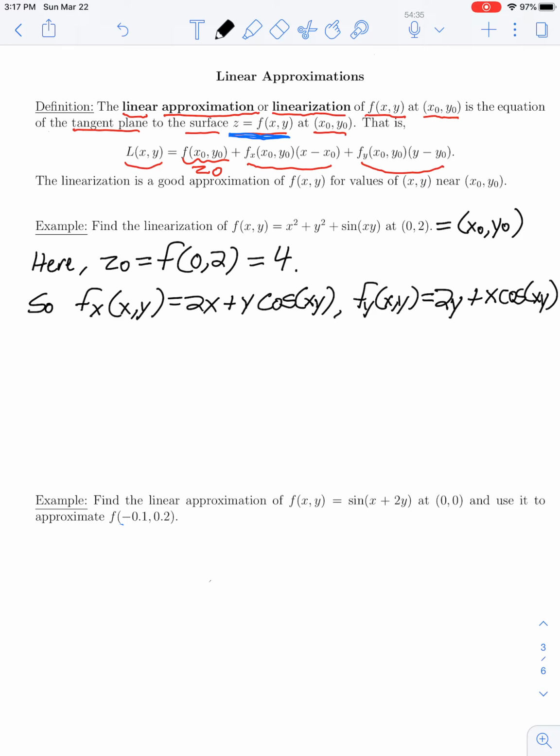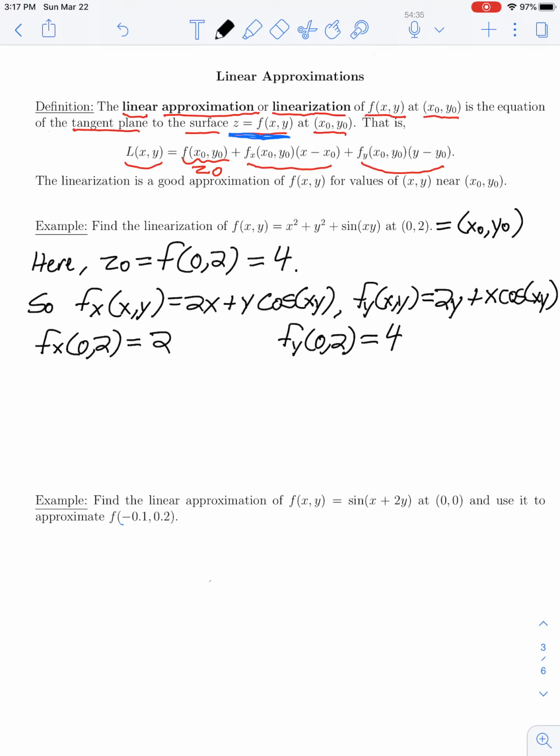So now evaluating these partial derivatives at our point x naught, y naught, in this case 0, 2, we have our partial derivative with respect to x is 2, and partial derivative with respect to y at the point 0, 2 leaves us 4.